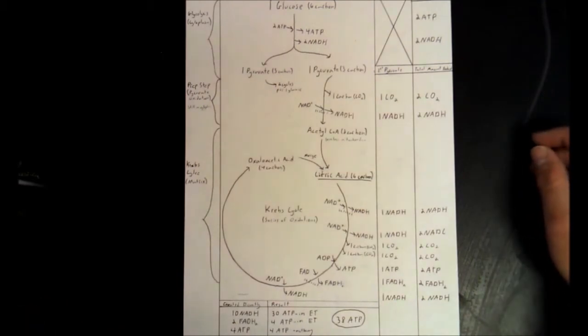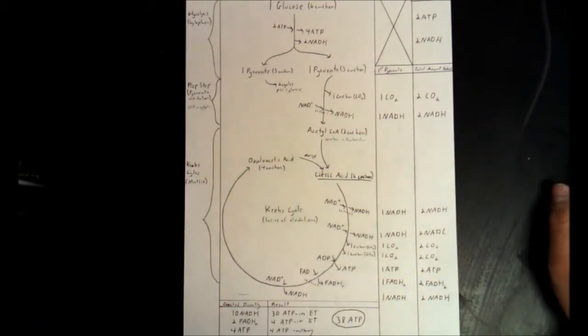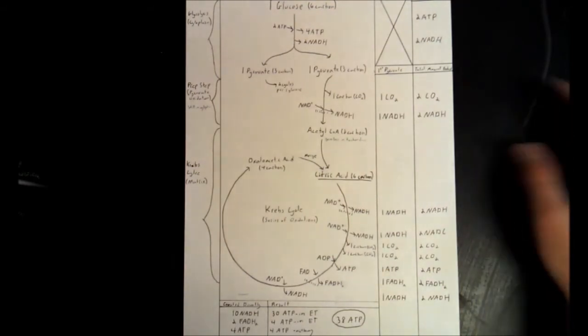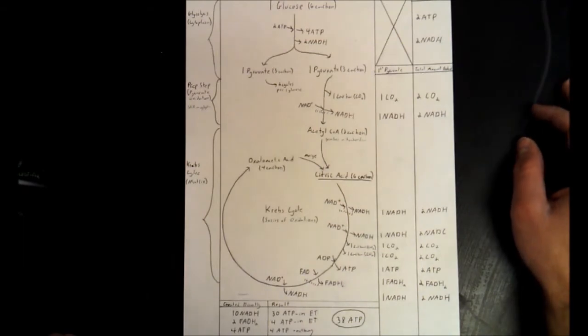We're actually going to run through the steps going down from glycolysis through the prep step and into the actual Krebs cycle. I'm going to run through glycolysis really quick just because it leads you into the prep steps.